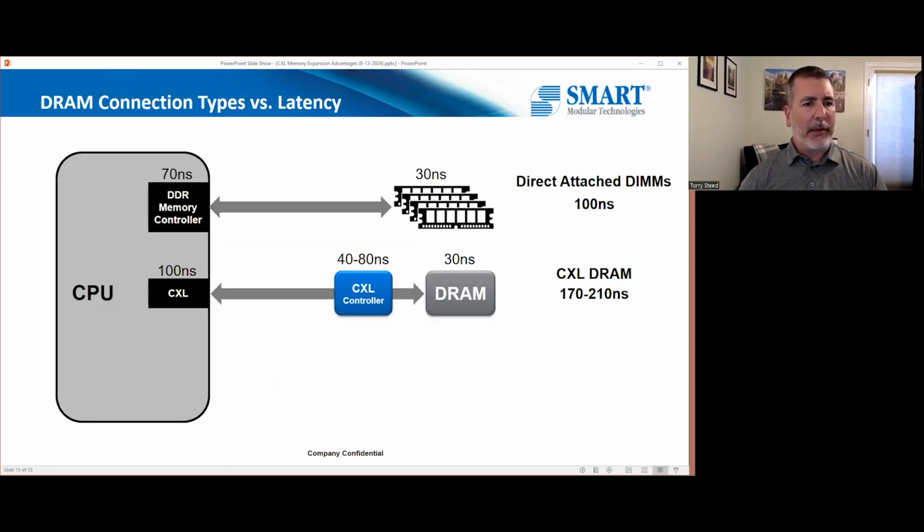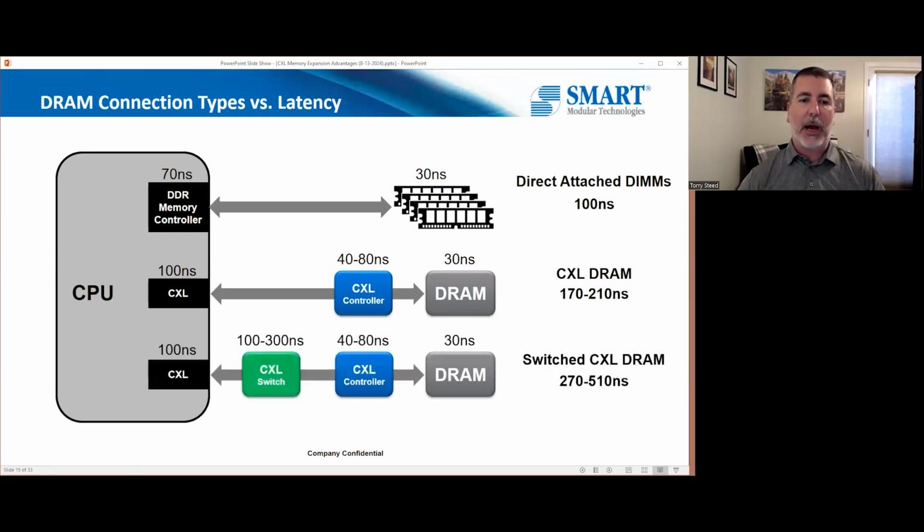One last thing on latency. So right now we're looking at CXL memory devices attached directly to the CPU, right? And so that adds latency because of the CXL controller and because of the serialization and the protocol that has to happen. When we get to the next phase in CXL 3.0 or with those CXL switches that we've been talking about, you actually are going to have even more latency, right? Because the switch is going to add latency.